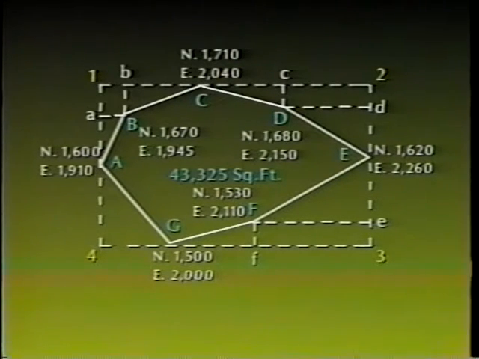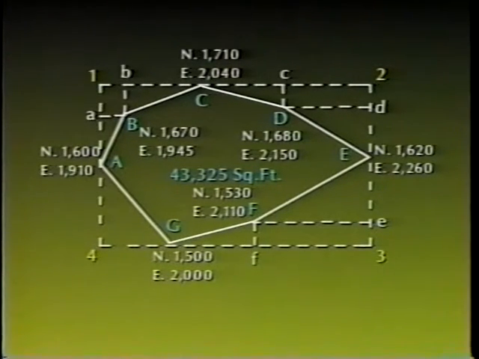This equals 350 feet. Next, take the northing of the most southerly corner, point G, which is 1500, from the northing of the most northerly corner, point C, which is 1710.